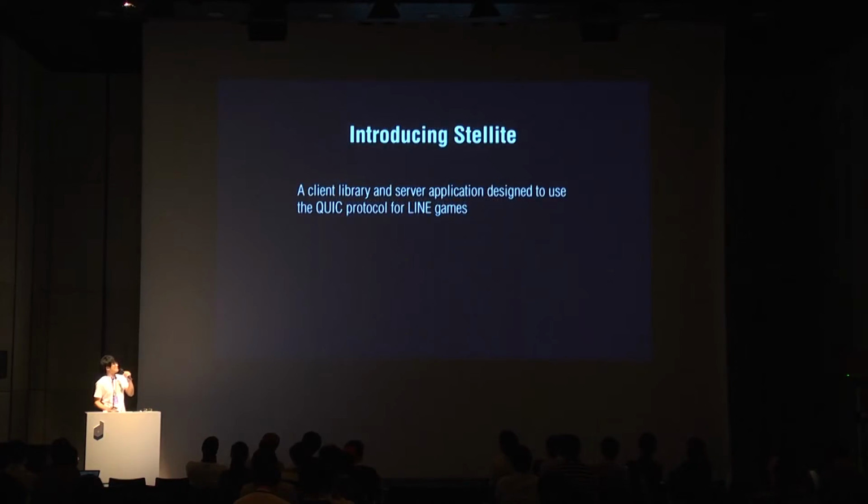To provide better wireless network connectivity, we decided to introduce the QUIC protocol to our Line game and launched a project called Stellite. The Stellite project is a client library and server application for the QUIC protocol that aims to provide a fast and stable wireless network.